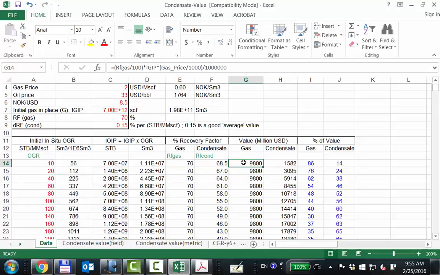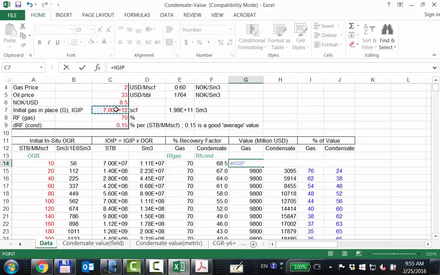So let's try to recalculate this. So we've got the initial in place in gas. That's this number up here. Times the recovery factor, which is here. Times the price, which is up here. We have to lock that. We also have to lock that.